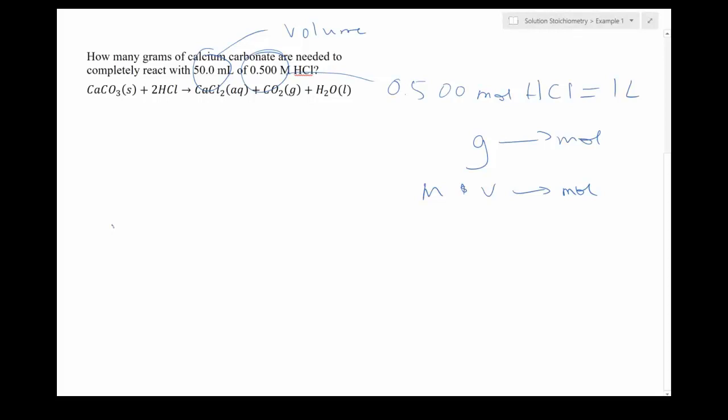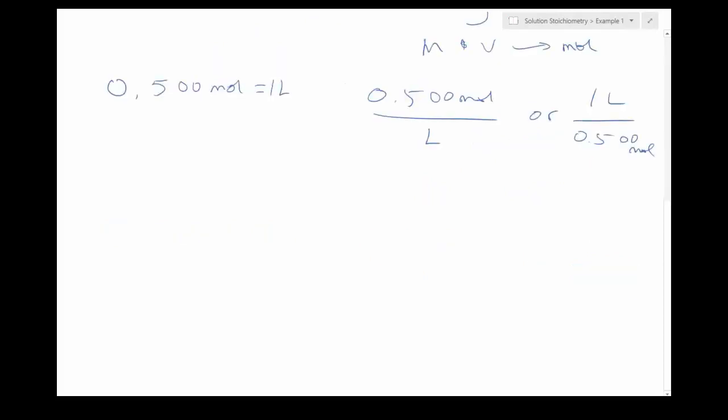Okay? We have 0.500 moles is equal to 1 liter. That means we basically have two conversion factors set up: 0.5 moles over 1 liter, or we can use 1 liter is 0.500 moles. In this case, we know we have 0.050 liters. All I did is change the 50 milliliters to liters.